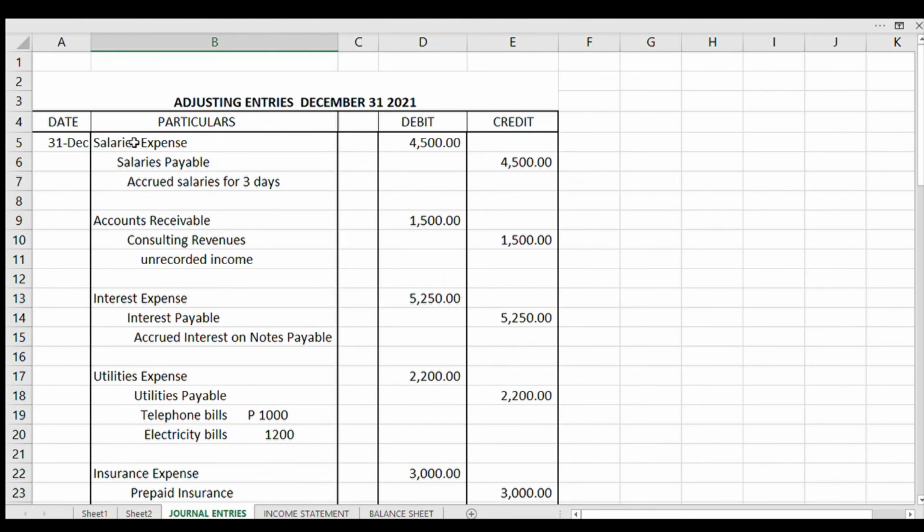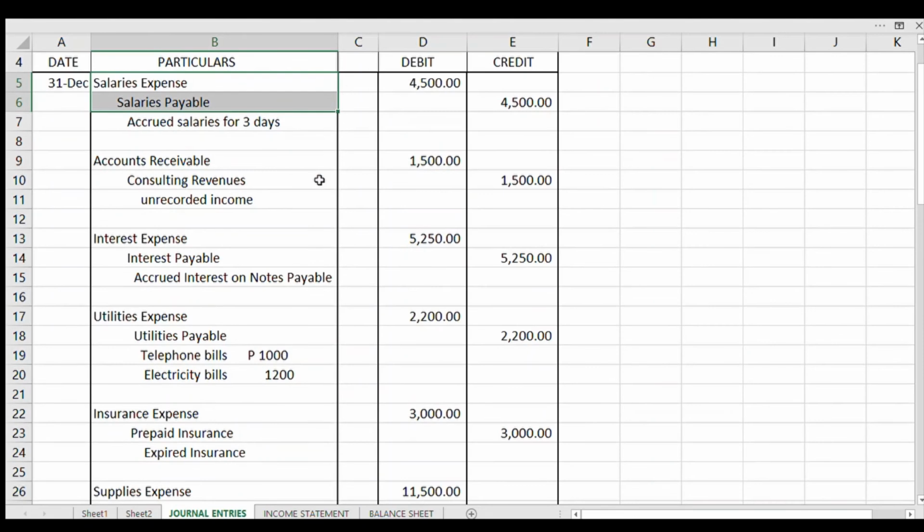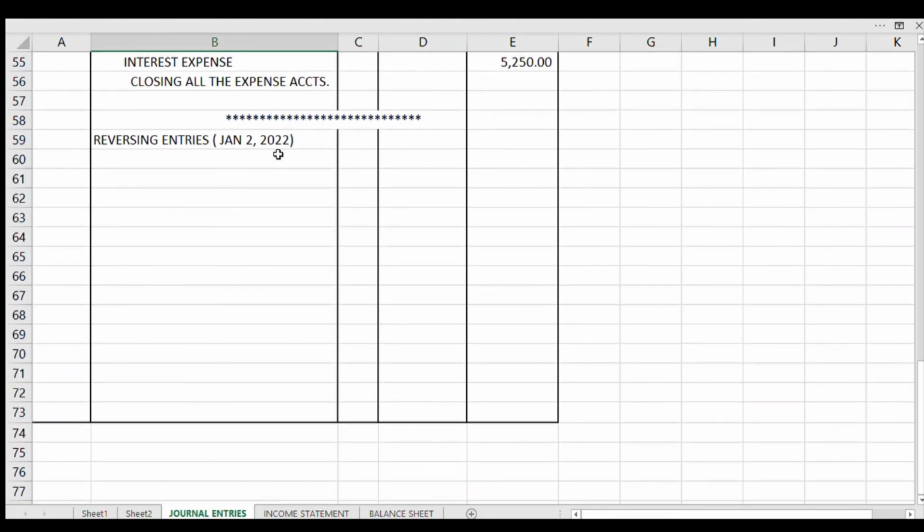Okay, like this one. The accrued salaries, we will just reverse it. Okay, the first one, for the accrual: salaries payable and salaries expense.